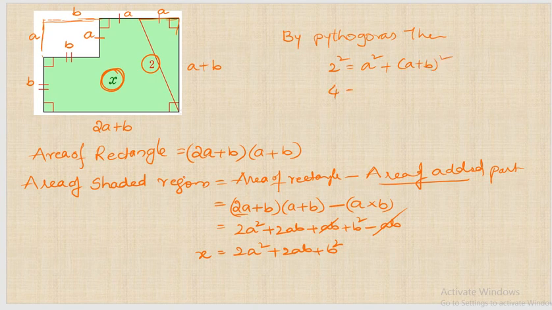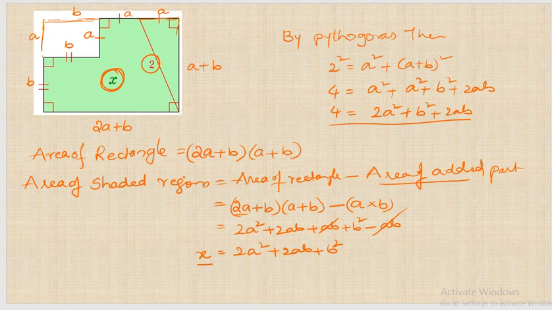So 4 is equal to a square plus, if you expand this, a square plus b square plus 2ab. When I add all this, 4 is equal to a square plus a square, which is 2a square, plus b square plus 2ab.